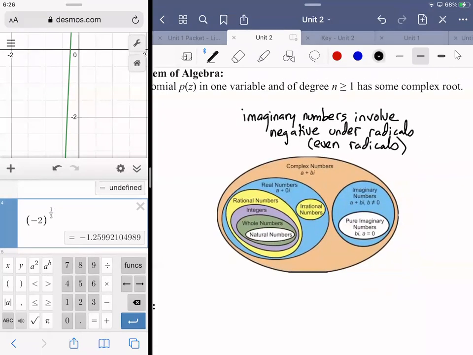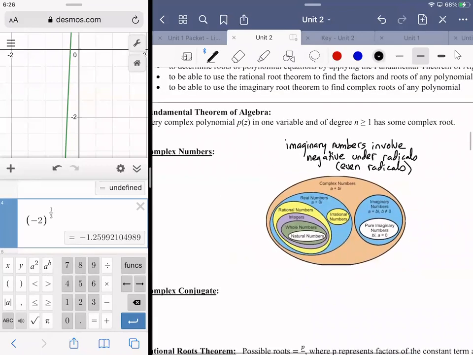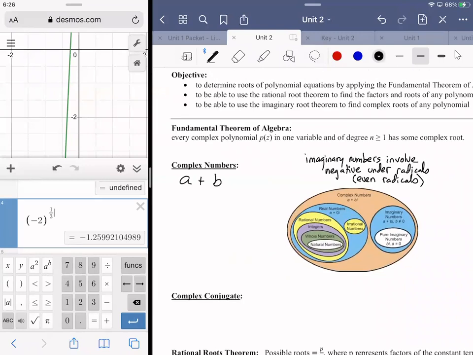Complex numbers have a real component. So when I look at complex numbers, a plus bi, this a represents the real component. And the bi represents the imaginary component. Right, and that's because i is equal to the square root of -1. So any imaginary number can be written as a multiple of i.